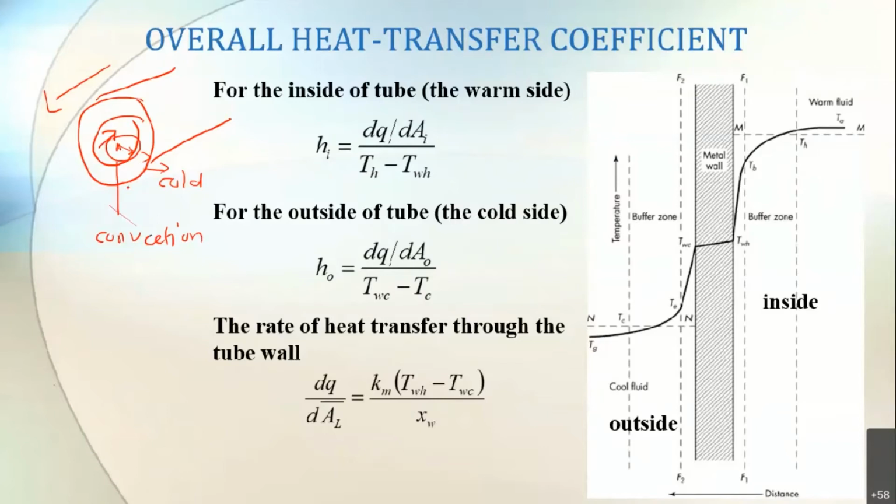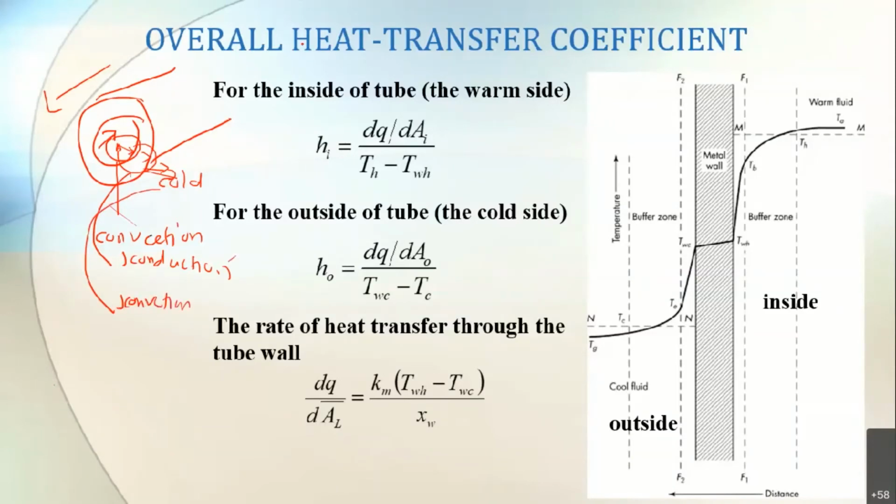Through the thickness of your pipe, this part is conduction. And again, after the outer surface of your pipe, it is going to the air, it is convection again.